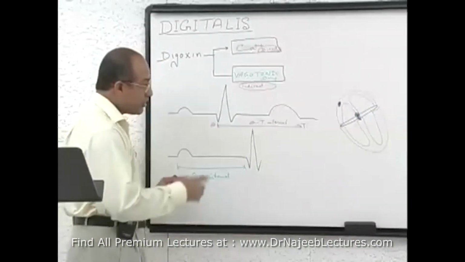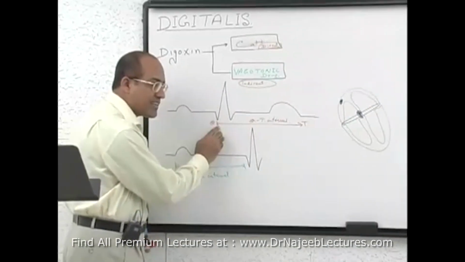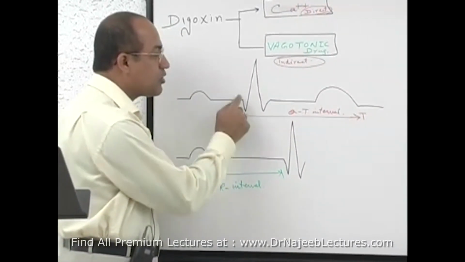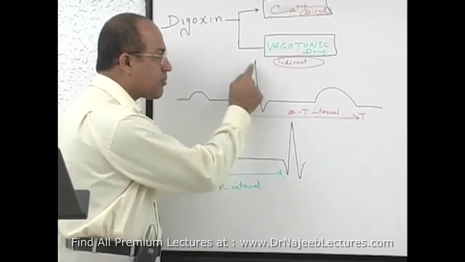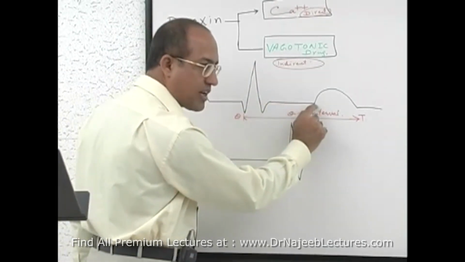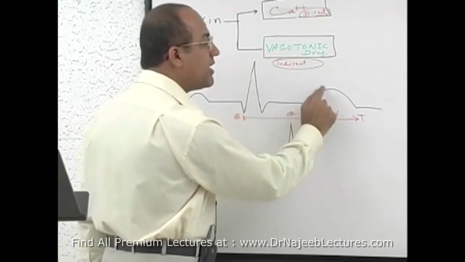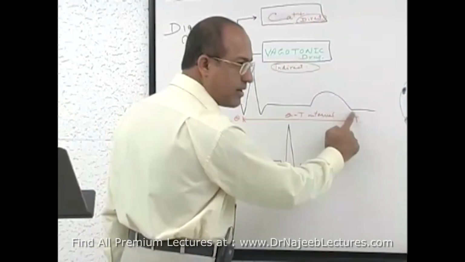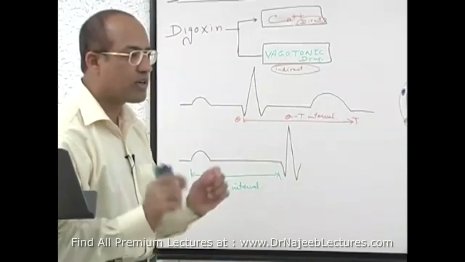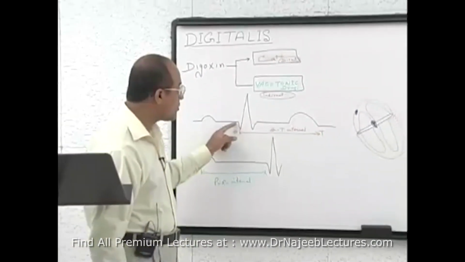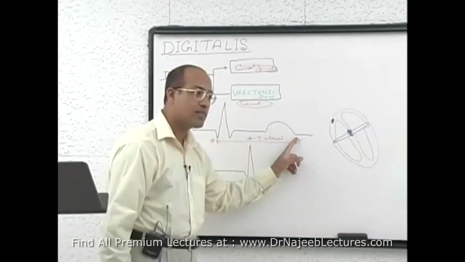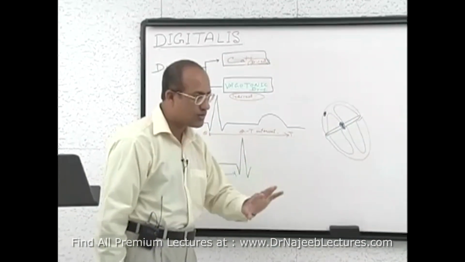Look here. The significance of the QT interval is that it tells you the onset and spread of ventricular depolarization, the duration for which the ventricle remains depolarized, and the spread and termination of ventricular repolarization. So it means that the QT interval is the duration from the onset of ventricular depolarization up to the termination of ventricular repolarization. Is that right?